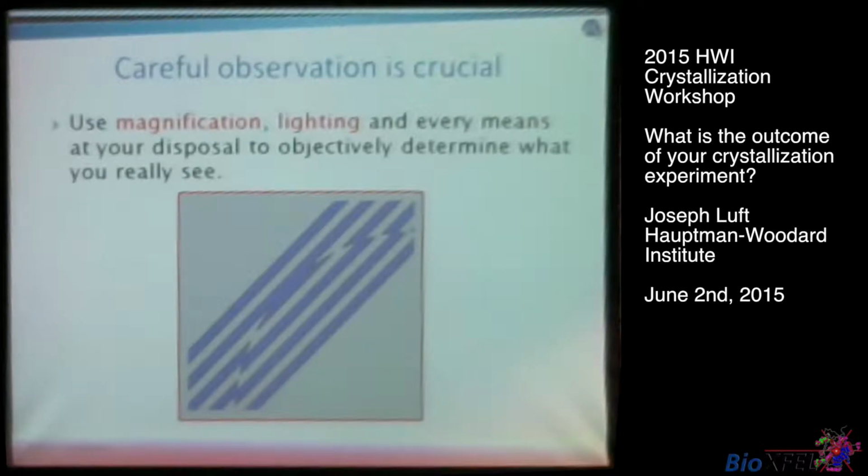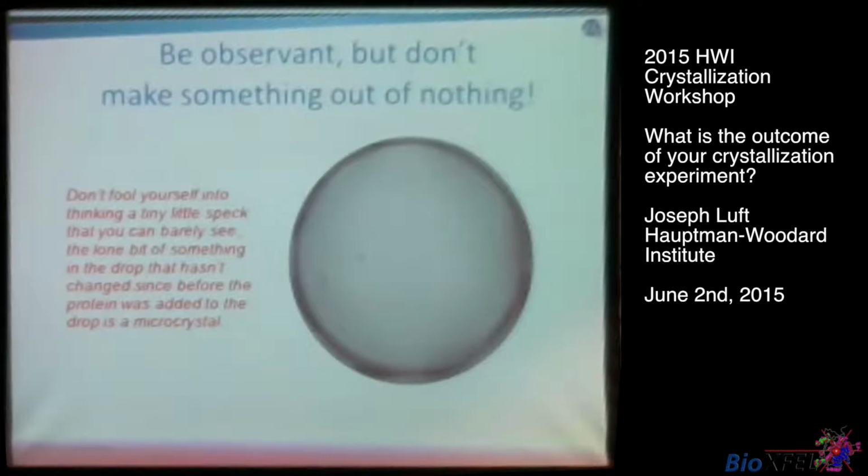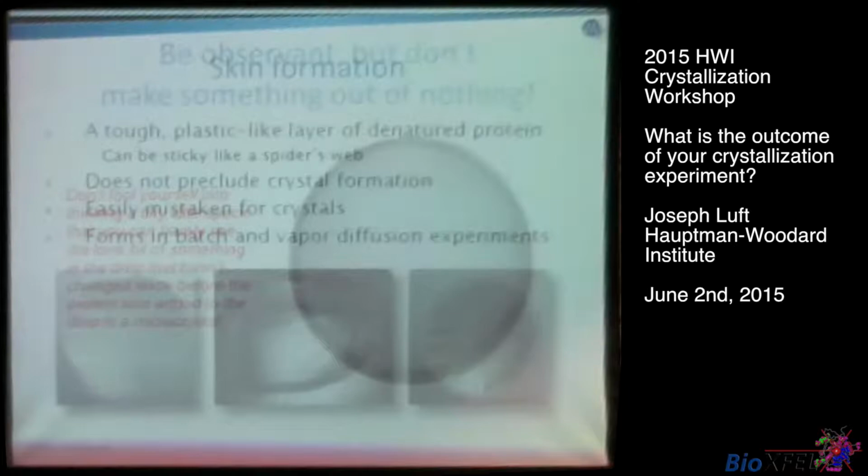And if you still stay convinced that it's a protein crystal, then try to characterize it first by non-destructive techniques and, if necessary, by destructive techniques to verify that it actually is a protein crystal and not just some speck of something that you're trying to fool yourself into believing is a crystal. This is just an example of a speck that somebody brought to my attention once that was not a protein crystal. So you have to be observant. You don't want to miss things, but you don't want to make something out of nothing either.